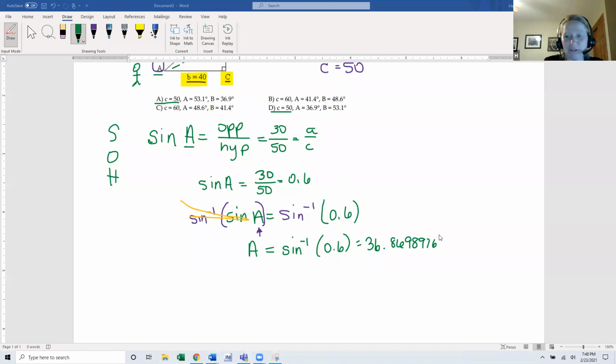Okay, let's go back into share mode. Okay, so because we're in degree mode, and that's key. Because we're in the degree mode on our calculator, that means that what we found is degrees. The 0.64 number that Victoria was getting wasn't wrong.